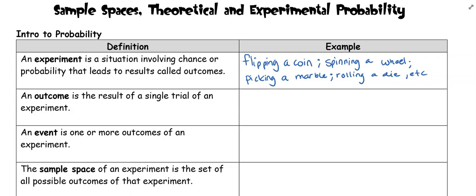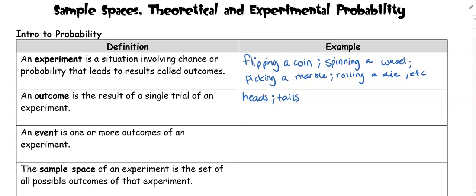An outcome, our second vocab word, is the result of a single trial of that experiment. So for example, if we're flipping a coin, an outcome could be heads, an outcome could be tails. Those are two different outcomes that could occur from that experiment.